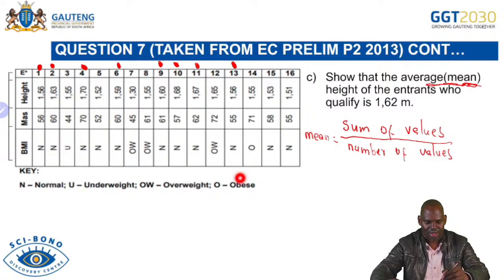We said 12 does not qualify because of the overweight, and then 13 qualifies, 14 does not qualify because of the overweight, and then 15 does not qualify as well, 16 does not qualify.